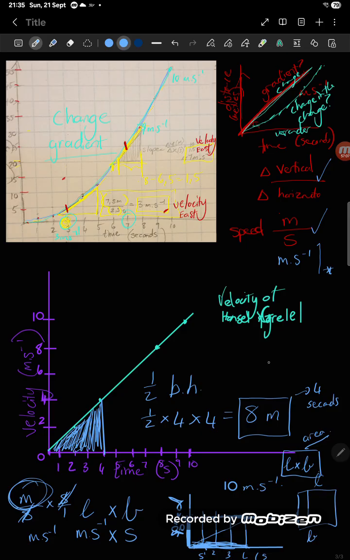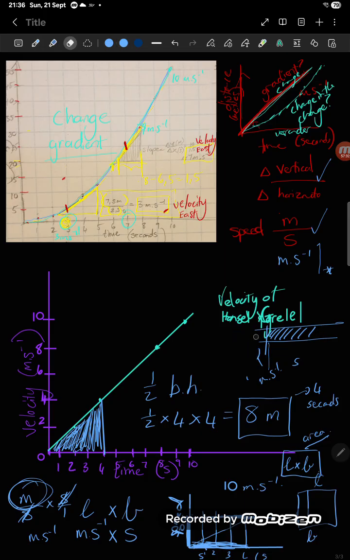In the same way, you can find velocity in your acceleration graph. If I've got a constant acceleration, I can find the velocity, because I've got meters per second squared divided by seconds here, which would go back to giving me meters per second, which would go back to the velocity.